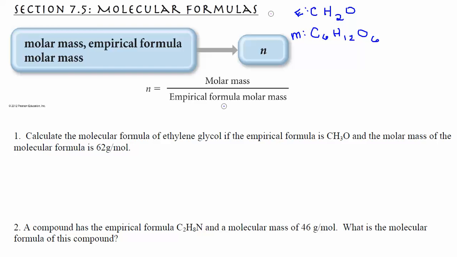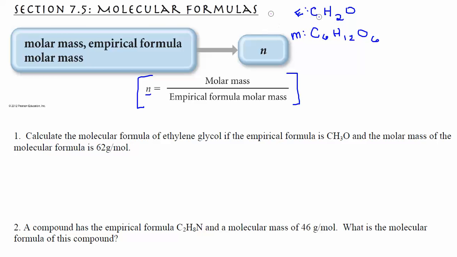Now, what we're going to learn today is how to actually determine the molecular formula if you know the empirical formula. So if you look at this formula right here, it says N equals molar mass divided by empirical formula molar mass. N represents an integer, a whole number. And you're going to take the empirical formula and multiply each of its subscripts by that integer.